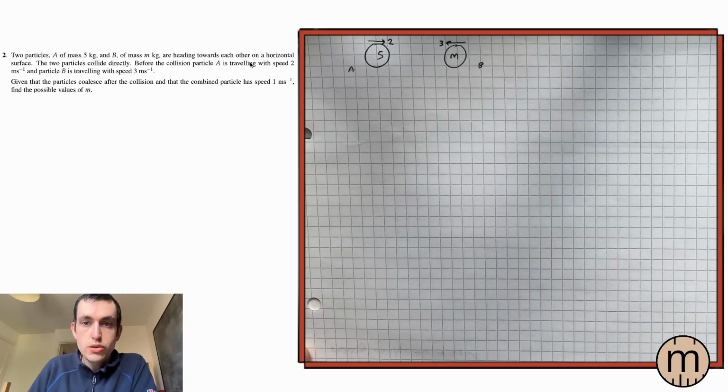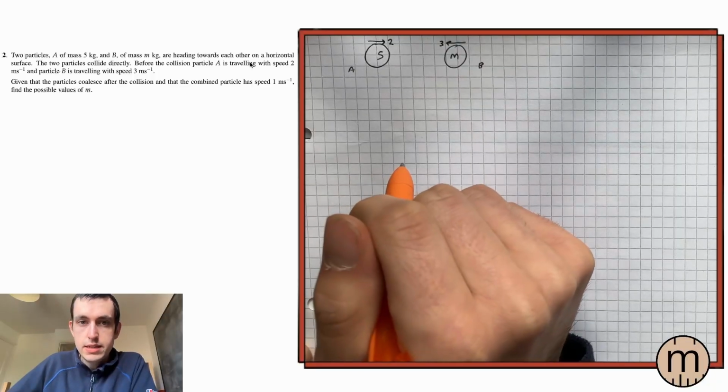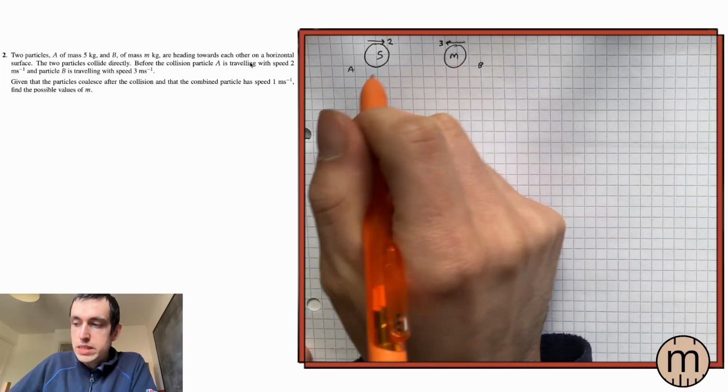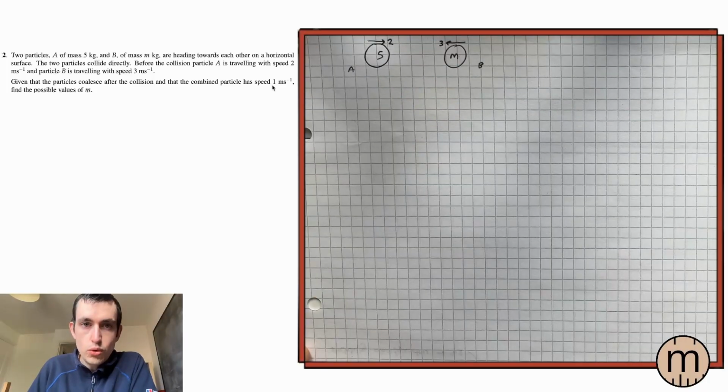In this question, the particles coalesce. So after they hit each other, they act as just one big particle. They kind of get glued together. What that means is that they've got the same speed after the collision. We're also told that when the particles combine, the combined particle has a speed of 1.